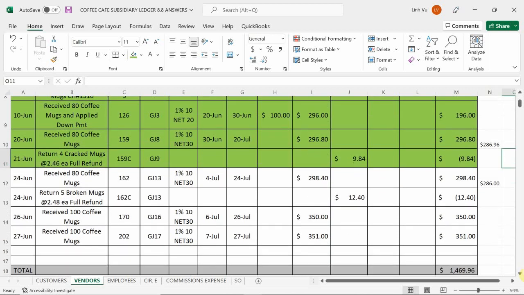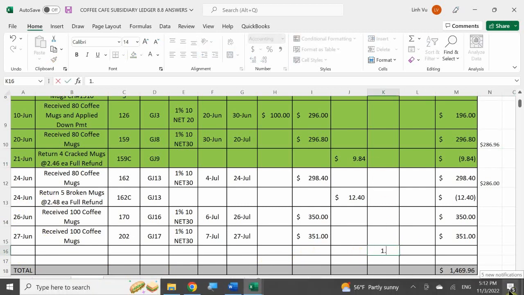In this case, let's just record the payment. If I were to make a payment, I took a purchase discount for $1.87.